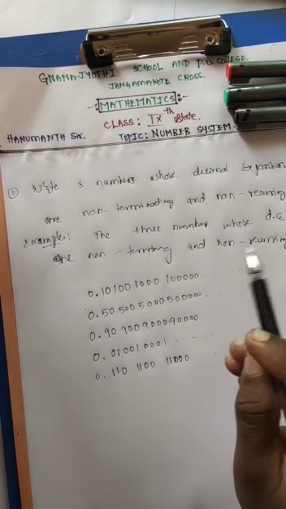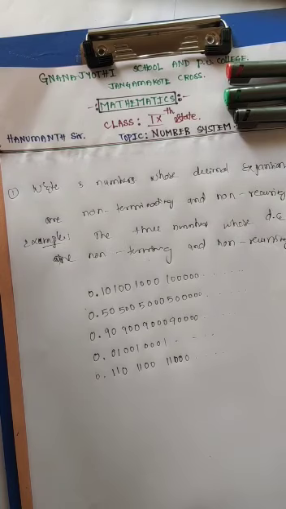A decimal expansion is said to be non-terminating and non-repeating if the division never gets completed and no digit or group of digits repeats. It is clearly seen that decimal numbers which do not terminate and have no repeating parts are called irrational numbers, the opposite of rational numbers.